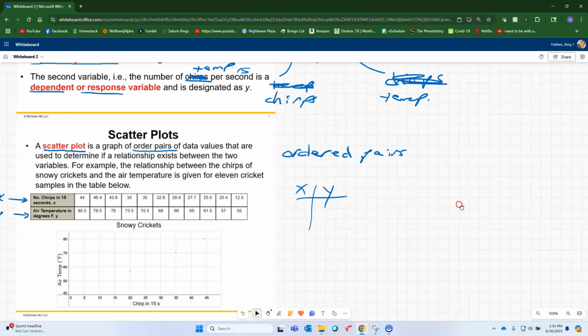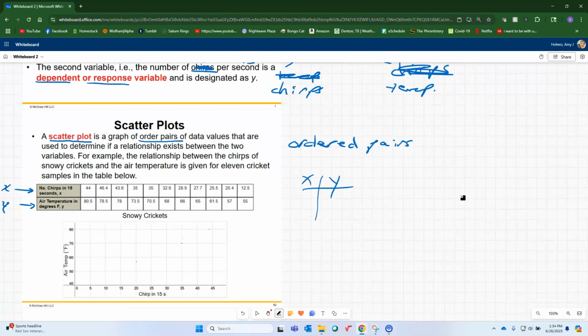Okay, so let's go ahead and graph this. We have the chirps along the bottom, and so we have 44 chirps, which would be about here, and that is when the air temperature in this case was 80.5, so just barely above 80. 46.4, just a little bit past 45, was 78.